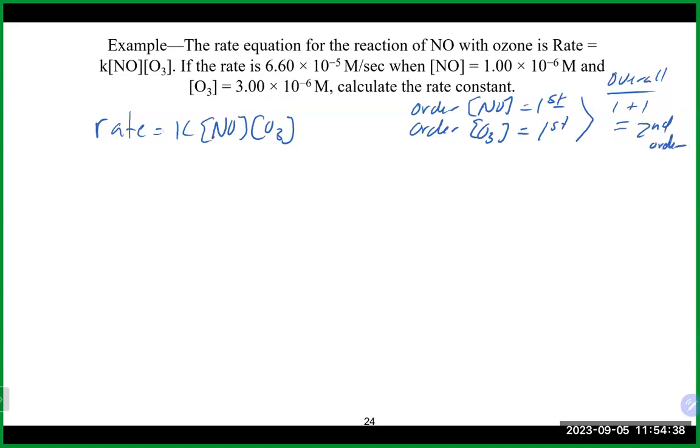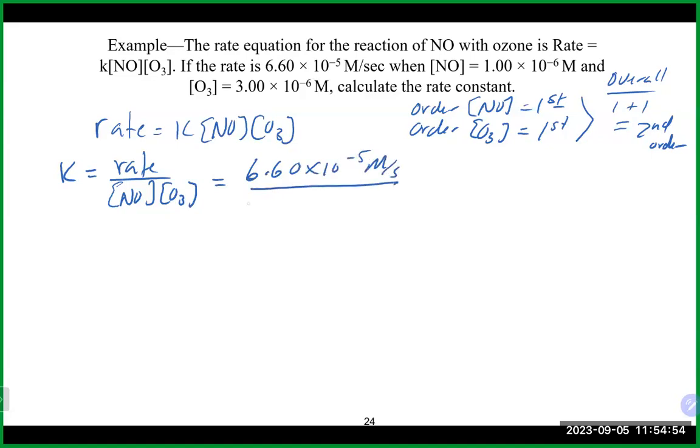Now, in this particular case, they pretty much gave us everything that we needed. So we'll rearrange here and solve for k, which would be our rate divided by our [NO] and our [O3]. That gives us 6.60 times 10 to the minus 5 molar per second divided by our 1 times 10 to the minus 6 molar and our 3 times 10 to the minus 6 molar in this case.